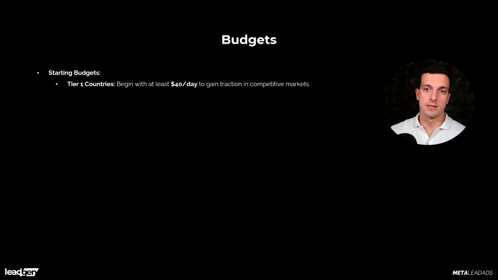As a lot of people advertise and try to show the ads to the same audience, the CPM, cost to reach 1,000 impressions, increases, and in these countries it's a lot more expensive to reach the same audience. So 40 per day should be enough.